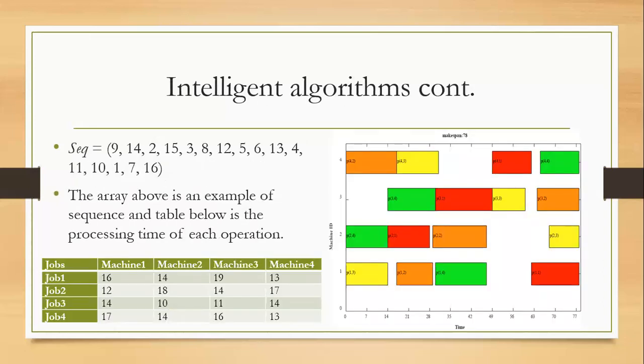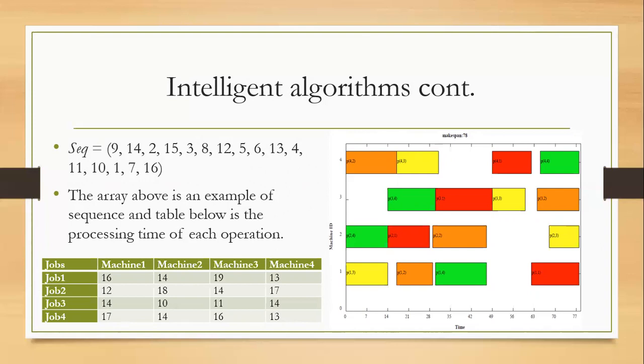The array here is an example of a sequence, and the table here is the processing time of each operation. The first number is 9, which means the third job is processed on the first machine first. Then the number 14 appears, which means the fourth job is arranged on the second machine next. Since the two operations require different machines, they can be operated at the same time, which is time 0 in this example.